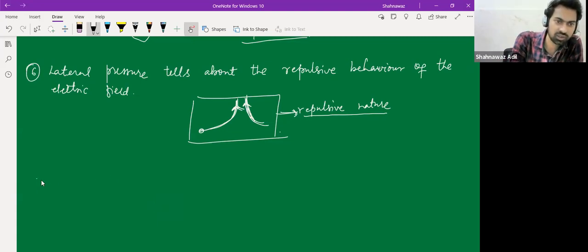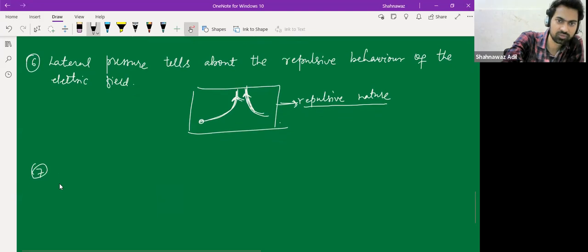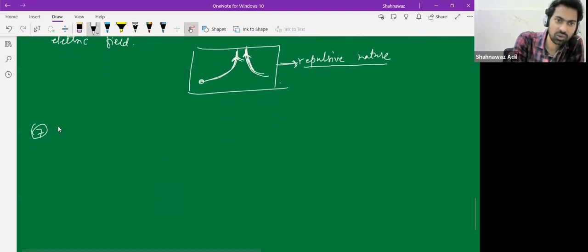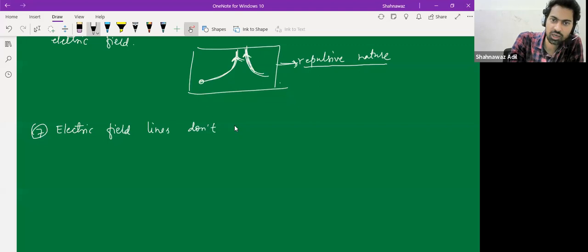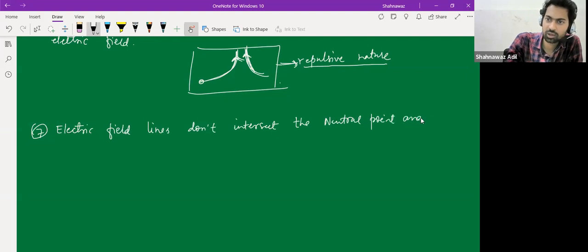So let us write this seventh point. Electric field lines don't intersect at the neutral point, and go and meet at infinity.